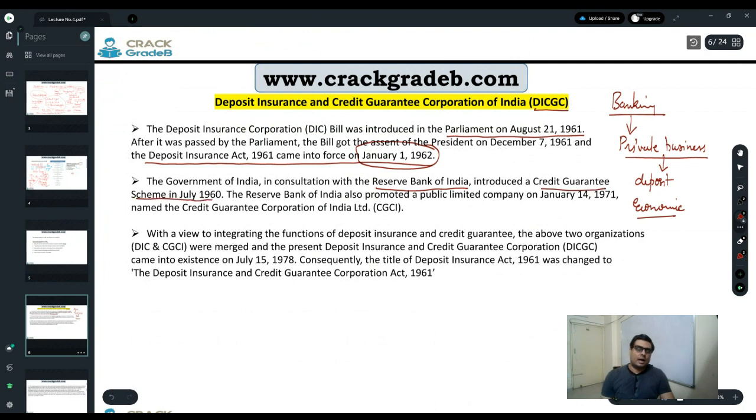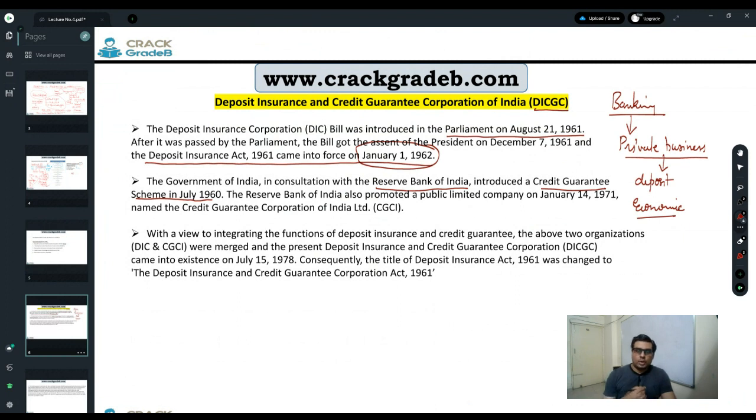Under this scheme, RBI was assigned to provide the credit to industries, right? At that point of time, no IDBI, SIDBI kind of organizations were there to help private industries. So this credit guarantee scheme was introduced by the government of India, and that scheme was implemented by the Reserve Bank of India.